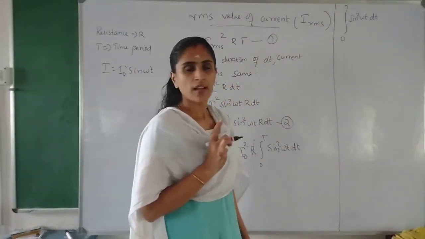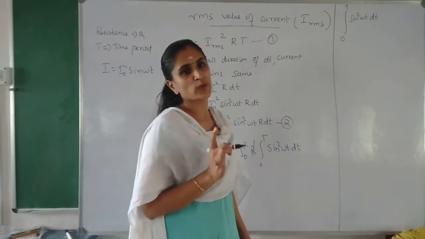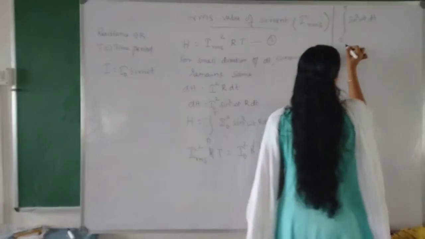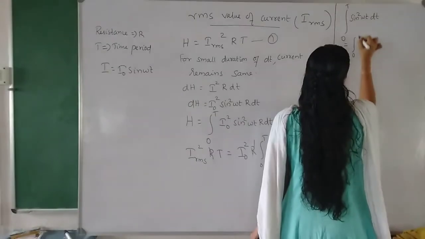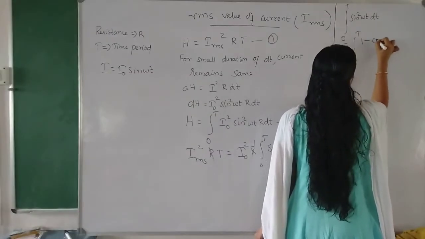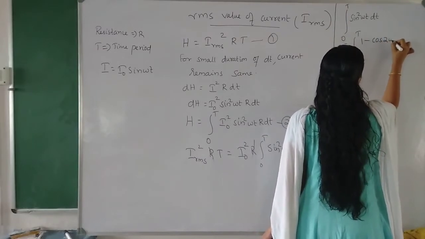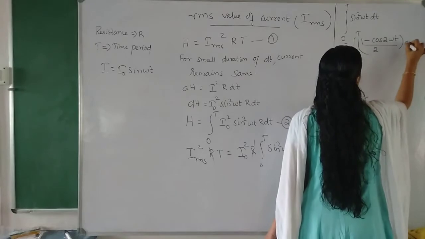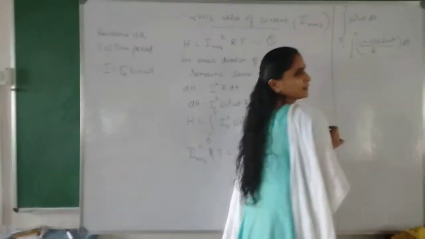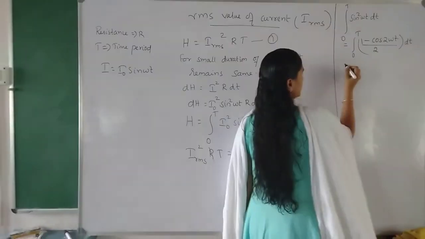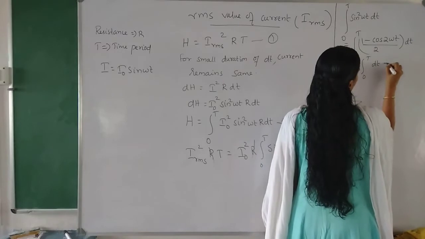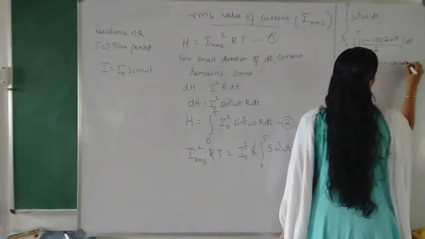And what is sin square theta? Sin square theta can be written as (1 minus cos 2 theta) by 2. So here this can be written as integral 0 to T of (1 minus cos 2 omega t) divided by 2. 1 by 2 can be taken outside: integral 0 to T of dt minus cos 2 omega t dt.